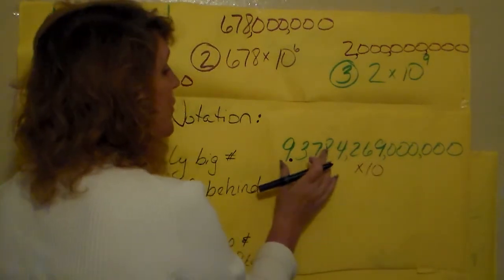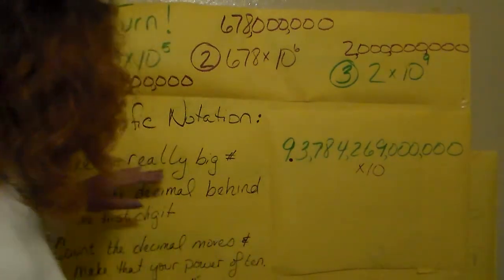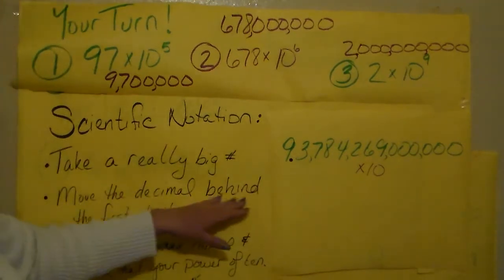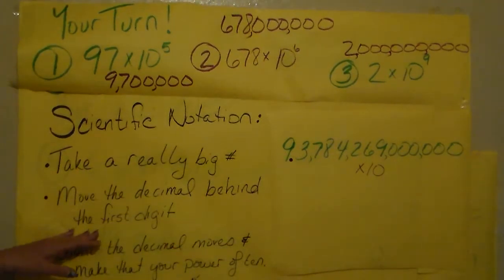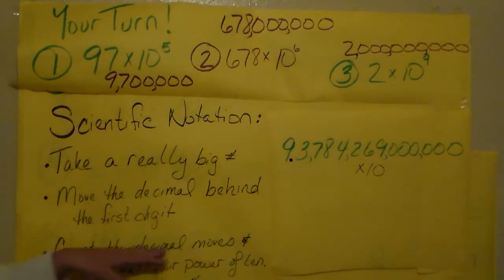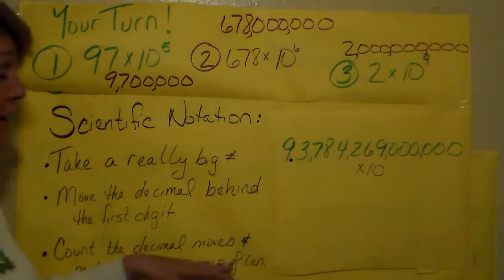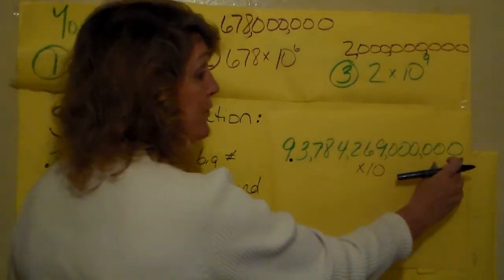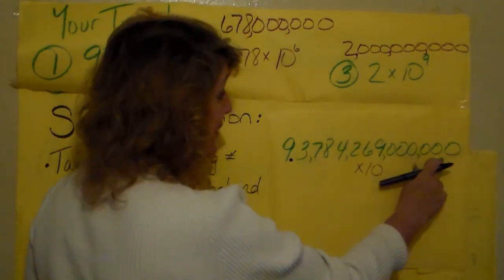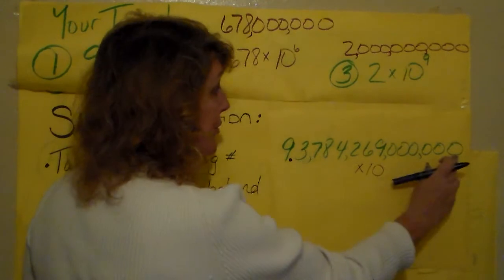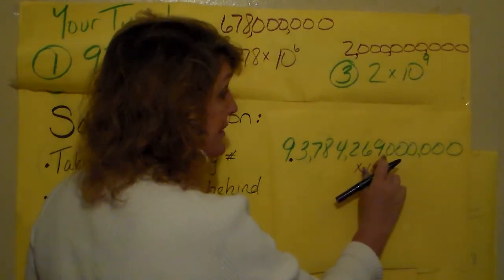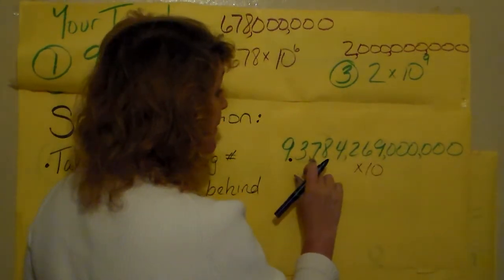Okay? So we're going to start with this part. We're going to take the really big number. We're going to move the decimal behind the first digit. Then we're going to count the decimal moves and make that our power of 10. How many times did I move the decimal? It used to be out here, and we moved it here. So we moved it 1, 2, 3, 4, 5, 6, 7, 8, 9, 10, 11, 12, 13.